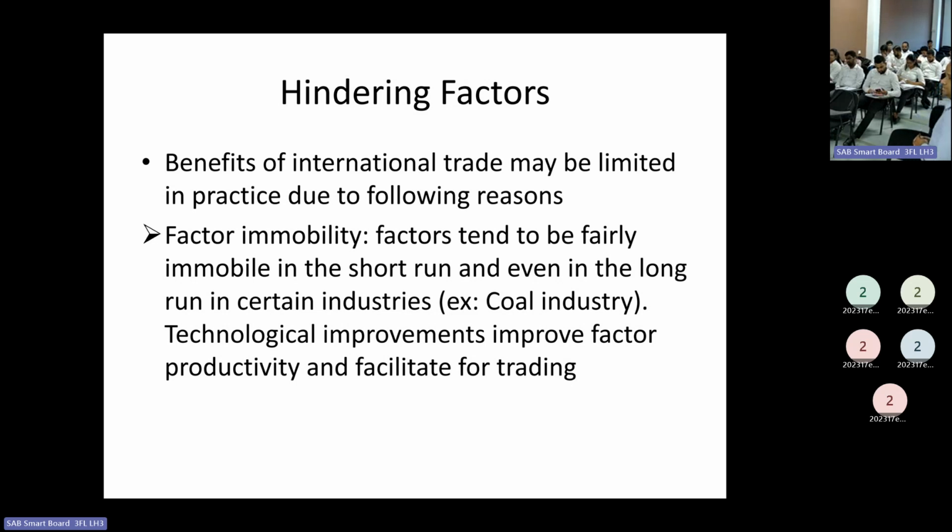With technological improvements that increase factor productivity, we are increasing trading. But factor immobility is one factor that we see in practice, and that limits the trade.